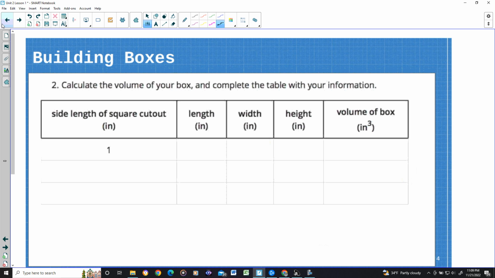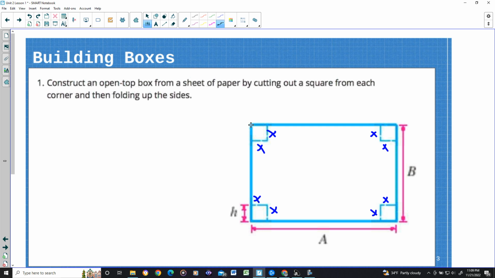Okay, so our next thing is we're going to be filling in a table, right? So let's say we have a nice big piece of paper. One common size for a piece of paper that we can use is, now I could use a legal size paper. And let's do something with some numbers that make kind of sense.